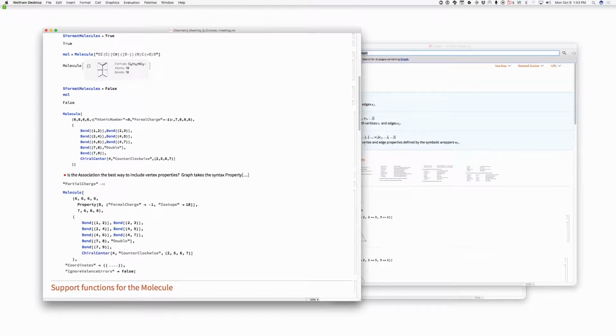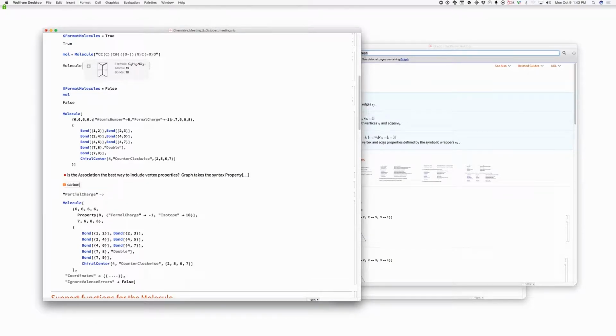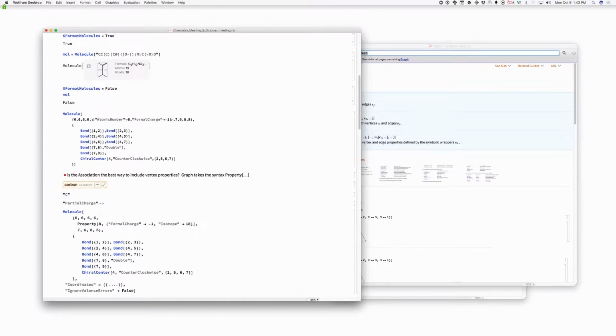Okay, so there's probably some other thing that we're going to need to include here, but let me understand some other things. So this 6 could equally well be carbon as an entity, is that correct? Yes. That or the string C, capital C, the atomic symbol. Right.